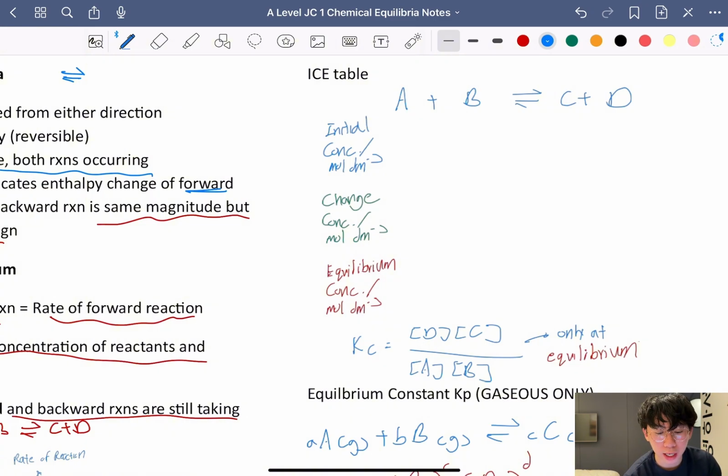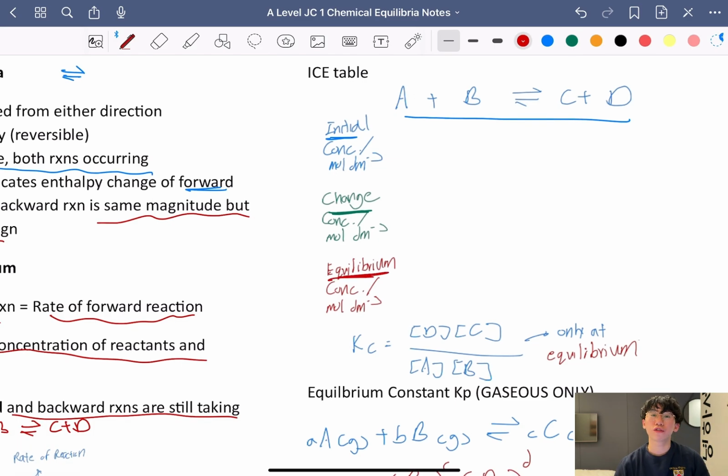So we want to put our equation at the top, and for ICE, I stands for initial concentration, C for the change in concentration, and E for the equilibrium concentration. And then you just fill it up accordingly, according to the context of the question. How you use the ICE table is with the equilibrium concentrations of the whole reaction.